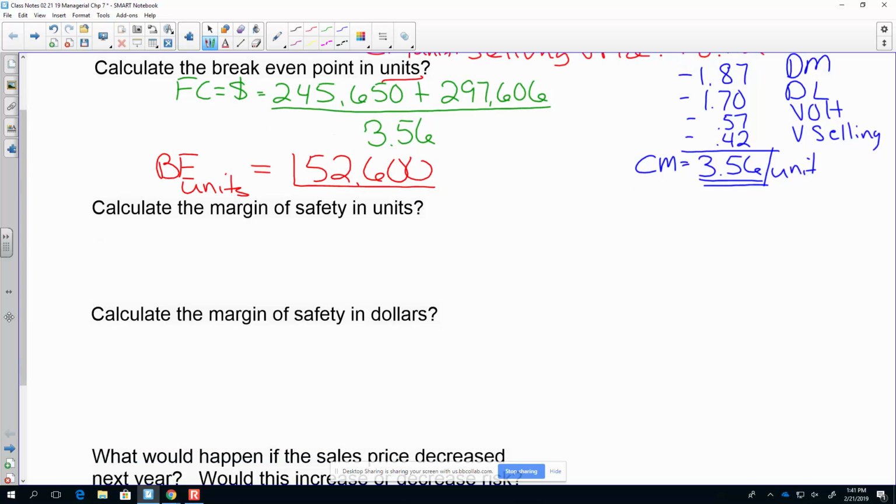Great, great. Now the margin of safety is simply how many are we selling? And in the book it says expects to sell 225,000. We subtract our break-even of 152,600.